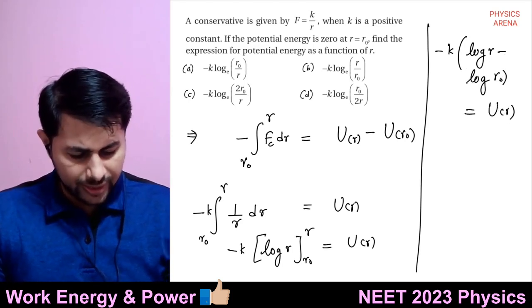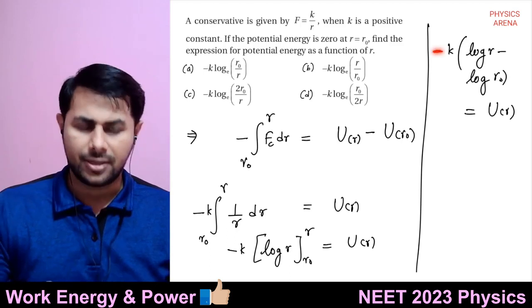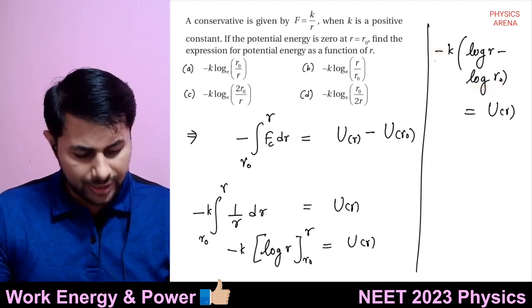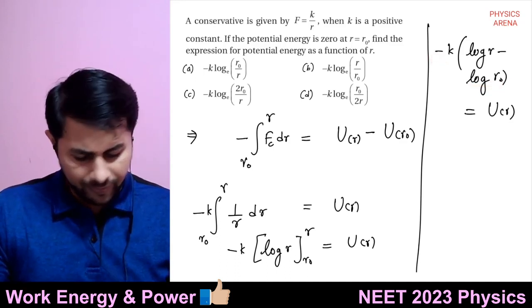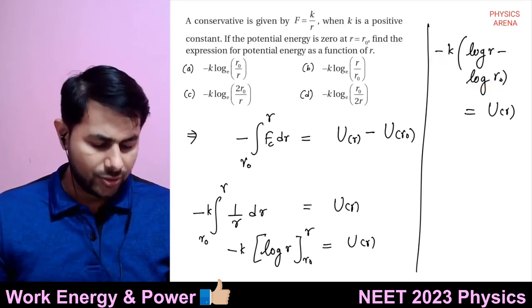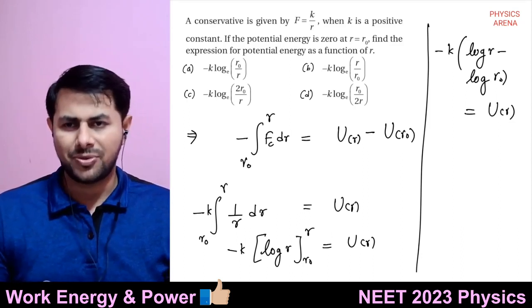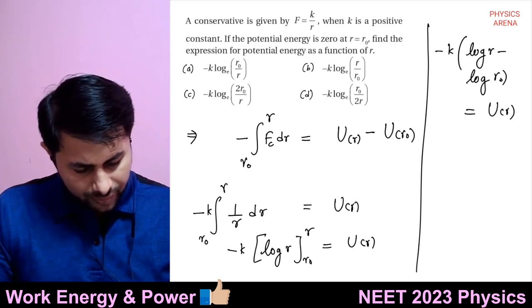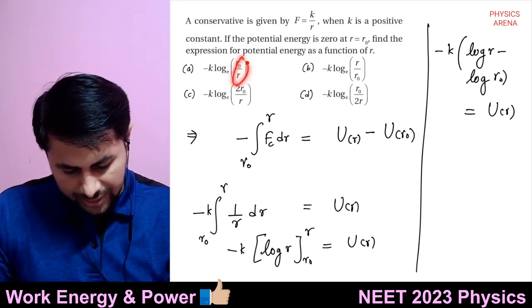Or you can say, if you multiply with this negative sign, it is log of R naught minus log of R, if you take the negative sign inside. So log A minus log B equals log of A by B, right? Because all options are given like this.